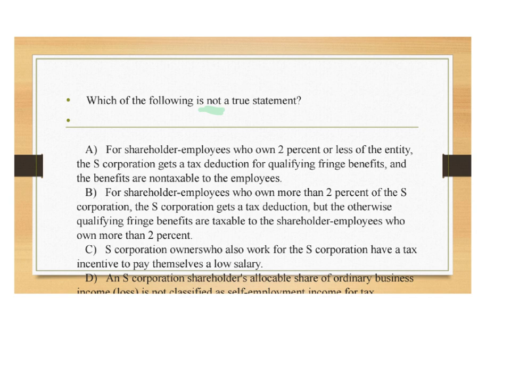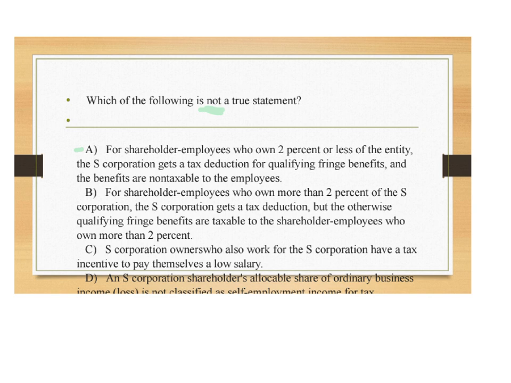So let's look at A. For shareholder employees who own 2% or less of the entity, the S corporation gets a tax deduction for qualifying fringe benefits, and the benefits are not taxable to the employee. So A is correct. That is a true statement.